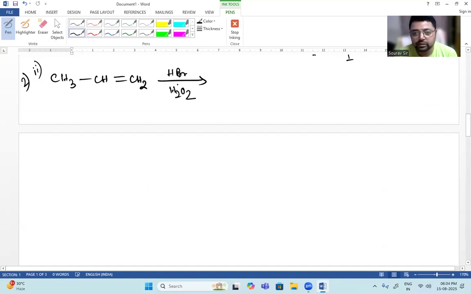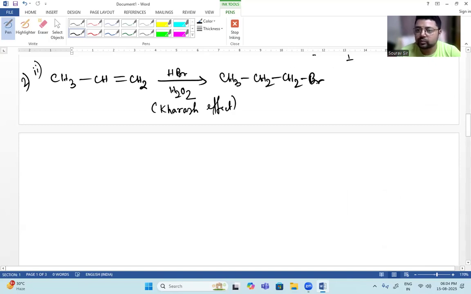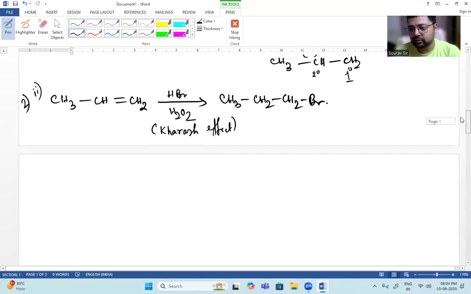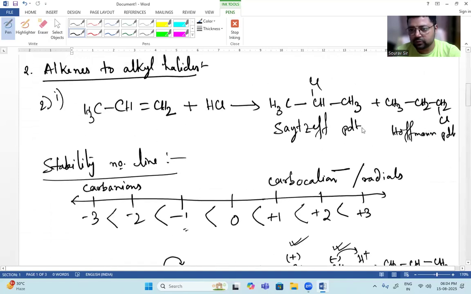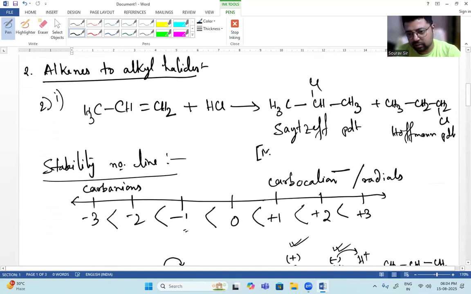This is known as the peroxide effect or Kharasch effect, and this will give you this product. It is a reversal; it is actually a radical product. The radical formation will occur through this structure and you will get this. This is also known as the anti-Markovnikov product.